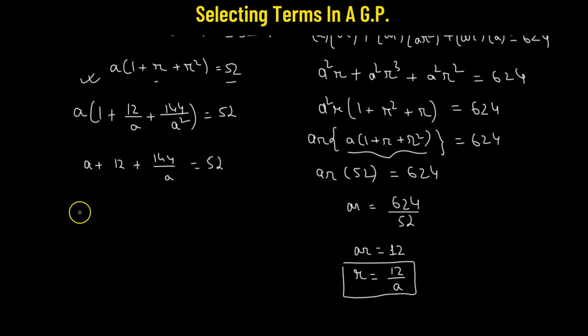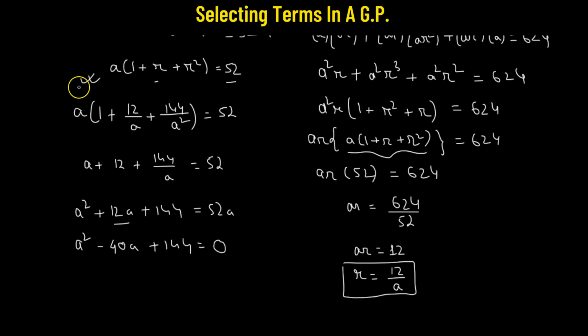Multiplying throughout with a, we have a squared plus 12a plus 144 equals 52a. We'll transpose 52a to the left hand side and combine it with the second term, plus 12a. This is going to give us negative 40a. So a squared minus 40a plus 144 equals 0.